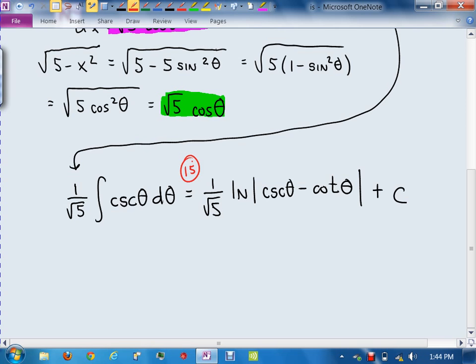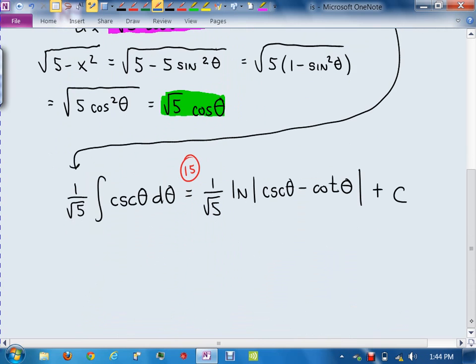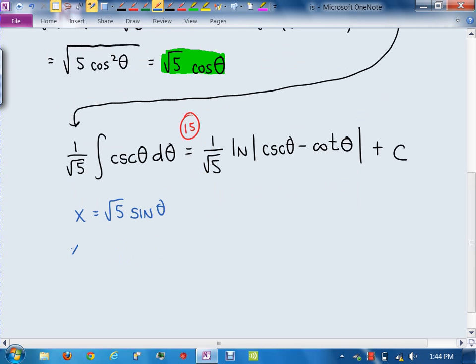Now we got to get everything back in terms of x. So this is where your reference triangle is going to come into play. I'm going to take my original substitution, x equals root 5 sine theta, and throw that down here. I'm going to divide both sides of this by root 5.